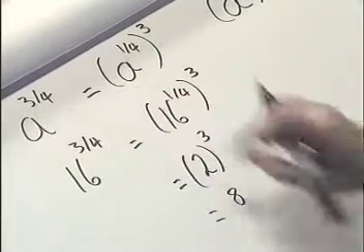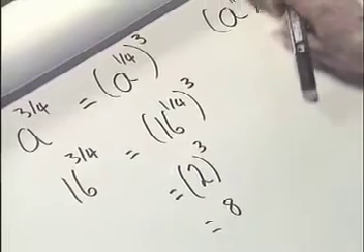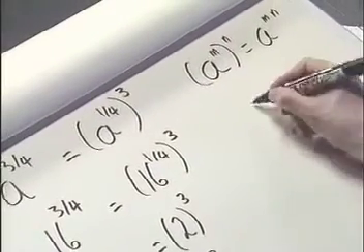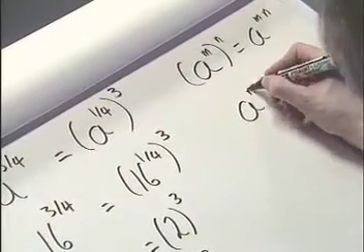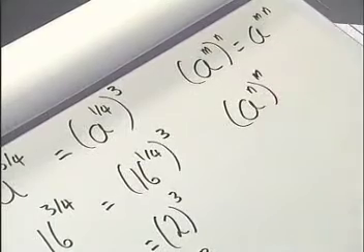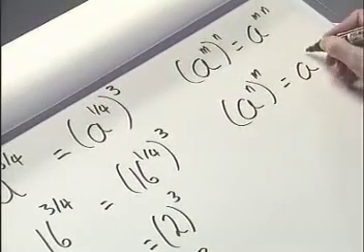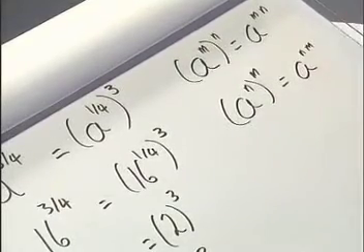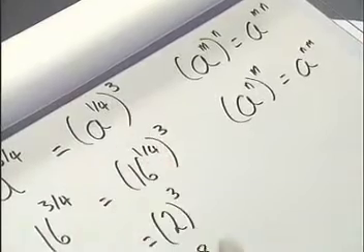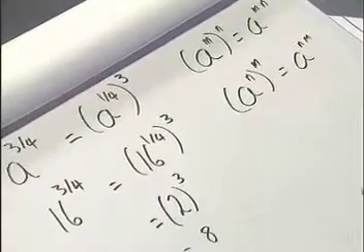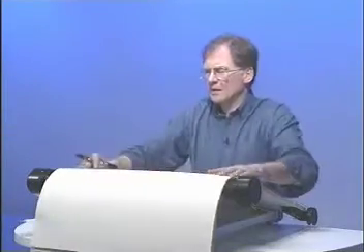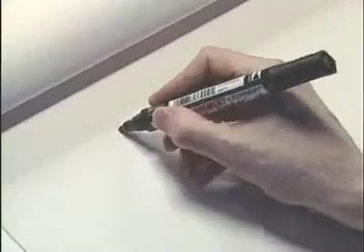But we can think of this another way, because m and n can be interchanged, can't they? We could write this as a to the power n raised to the power m. And that would be just the same result. So we can think of this in a slightly different way. Let's take a different example.